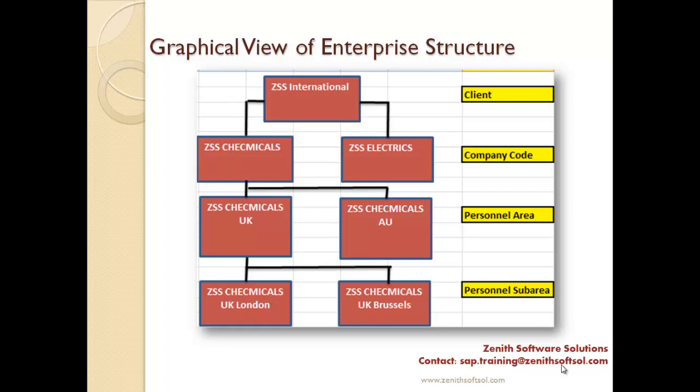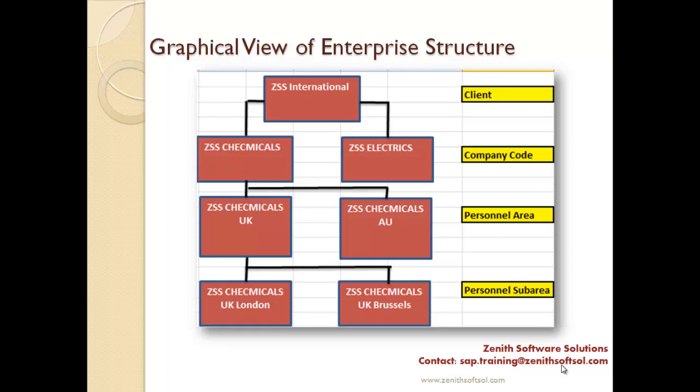Again under UK there are two different personal subareas like ZSS Chemicals UK London or ZSS Chemicals UK Brussels. In my example in the previous slides I have taken the example of US, with Chicago and Houston under it.